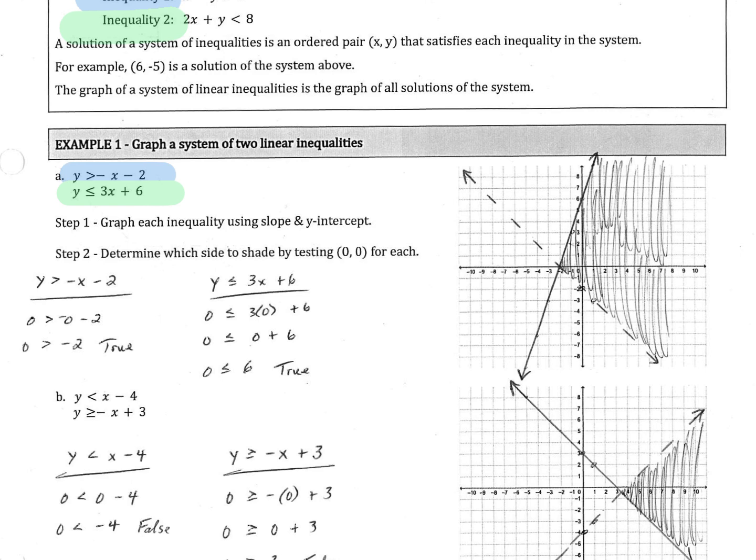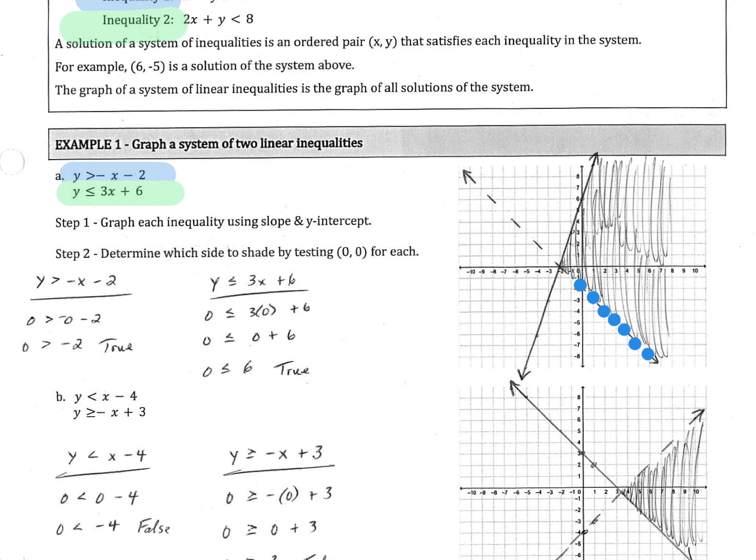So y is greater than negative x minus 2. That means a y-intercept at negative 2, and a slope of negative 1. That means down 1, right 1, down 1, right 1. Keep doing that same pattern.